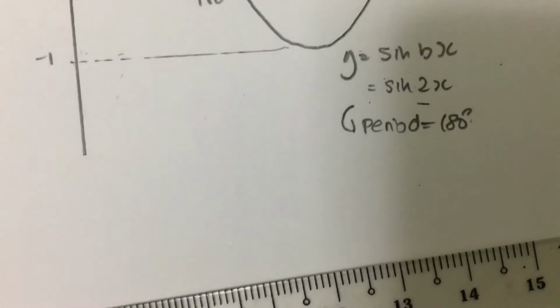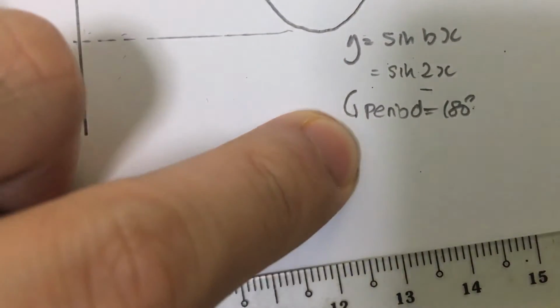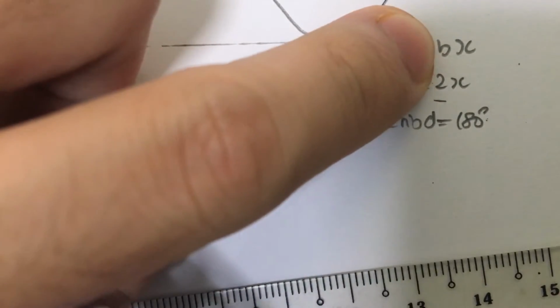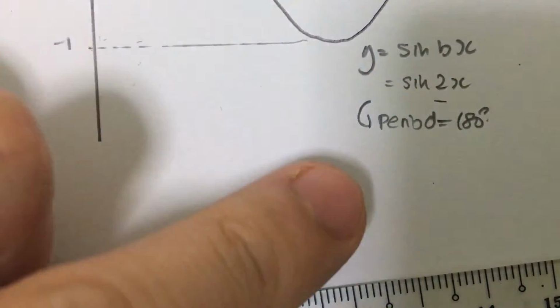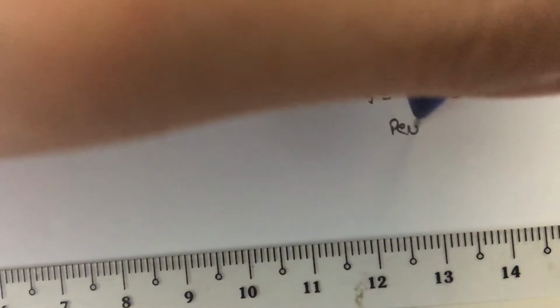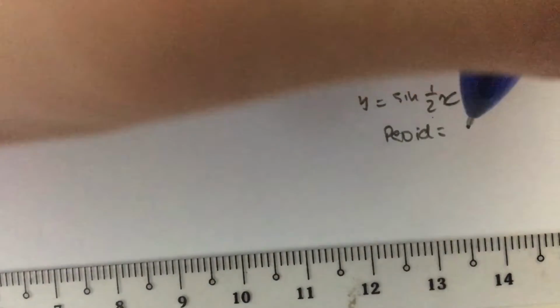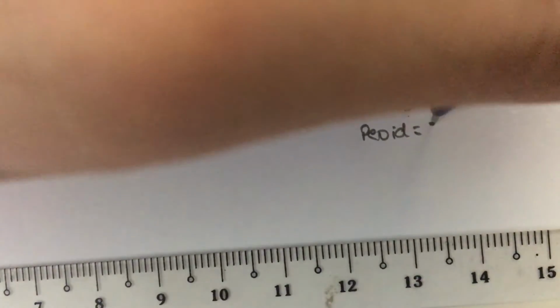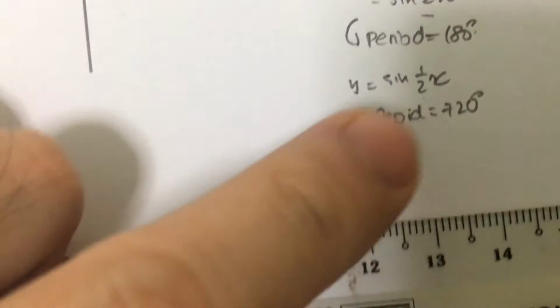The period will change if your b changes in this equation. Another example, y equals sine half x: if b is equal to half, your period is 720. How do we get the period?